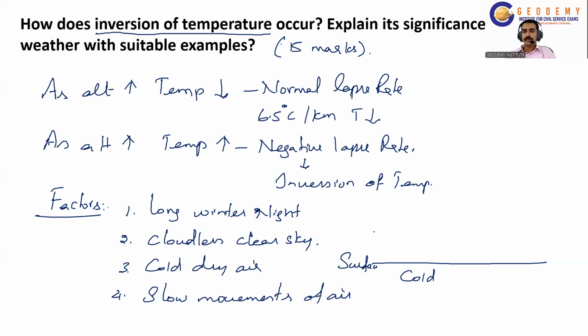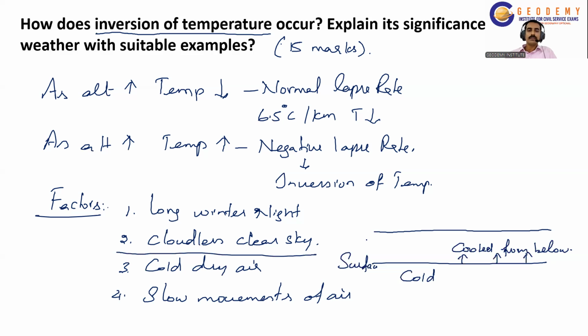When the air mass comes in contact with this surface, it is cooled from below because the surface is extremely cold. With a cloudless clear sky, the terrestrial radiation from the surface escapes to space, and thus the land becomes colder quickly.